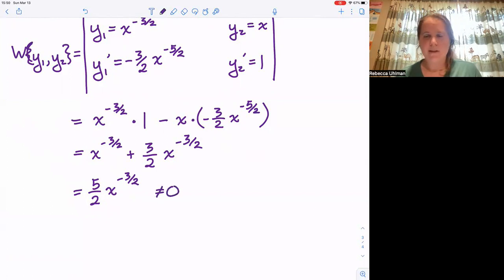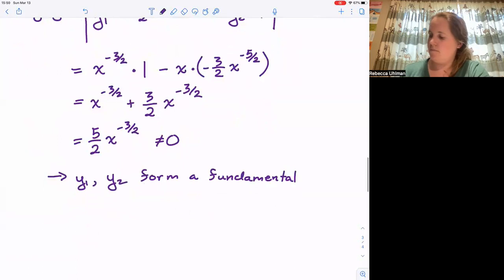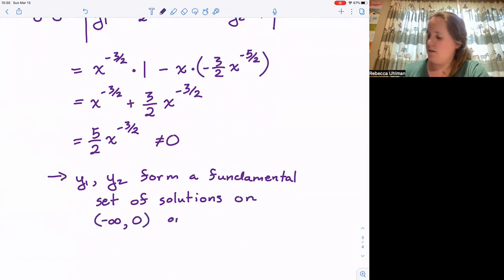At x equals 0, it would just be undefined, right? So we do have a fundamental set of solutions on either of the two intervals, negative infinity to 0, open, or from 0 to infinity, open interval again.